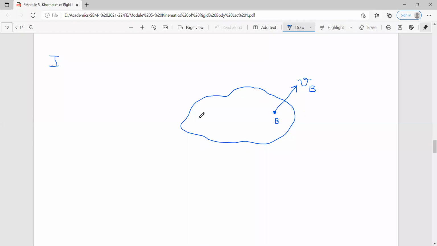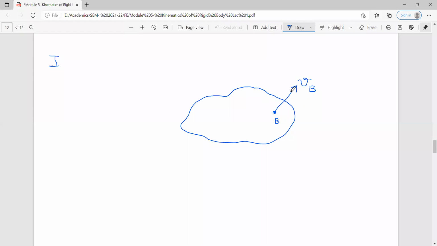See, the body is in motion. It may be in linear motion, translation, or it may be rotational motion. We have proved that even translational motion can be considered as circular motion. So if it is in motion, then find out the ICR of this body.